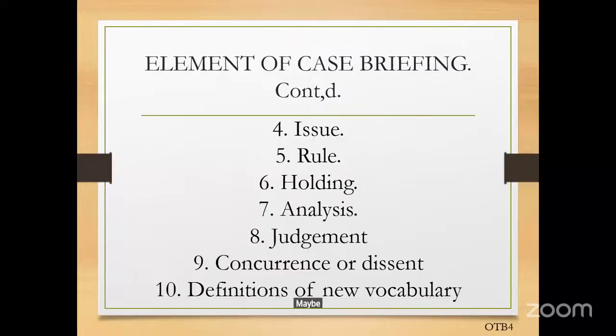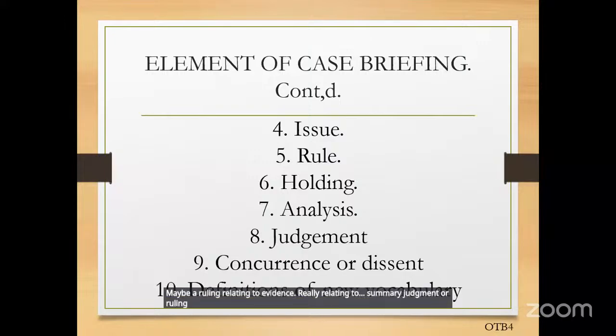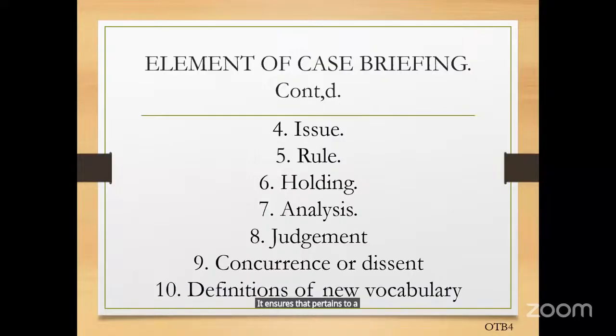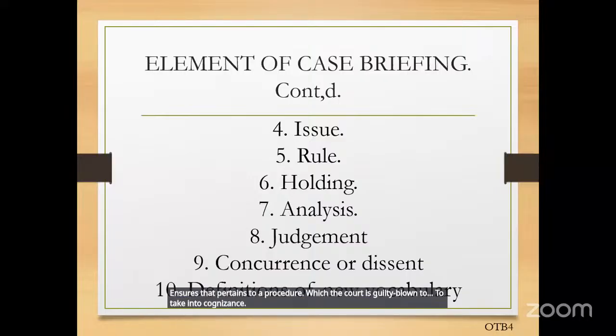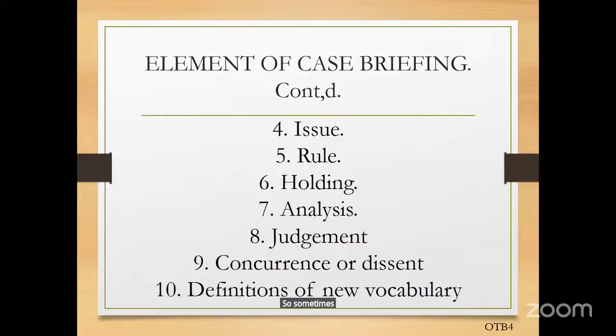Maybe a ruling relating to evidence, a ruling relating to summary judgment, or a ruling relating to tendering of evidence, issues that pertain to procedure, which the court is duty bound to take into cognizance. So sometimes a party may choose to appeal on any of these issues.